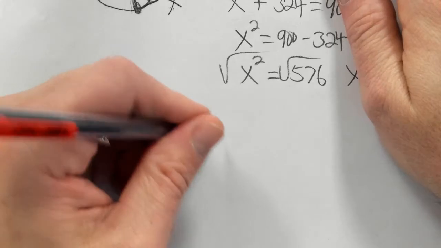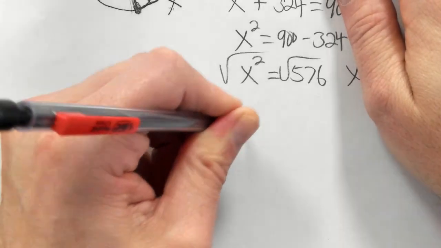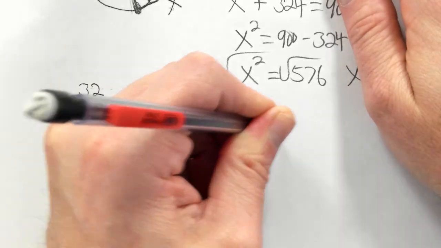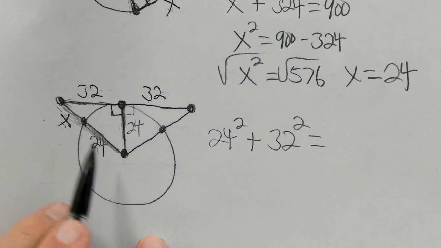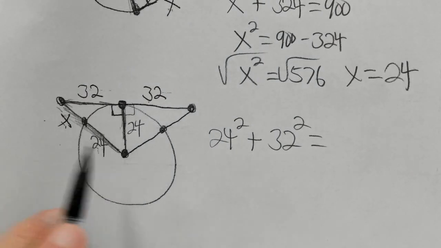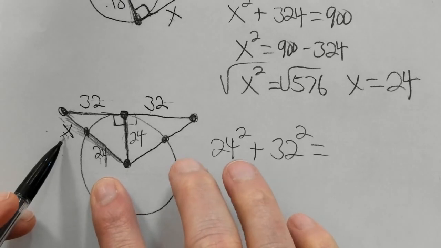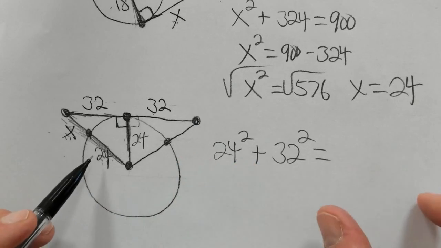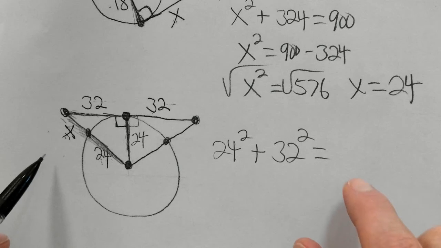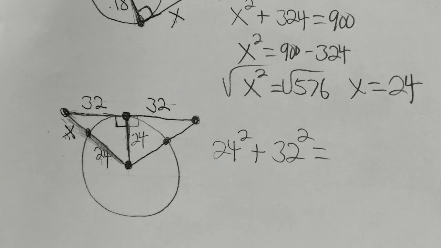So I know that 24 squared plus 32 squared equals x plus 24 squared, but I'm not going to write it like that. Let me tell you why. If I wrote it as x plus 24 squared, I'd have to square it out and then solve it, and that makes the equation much longer to solve.